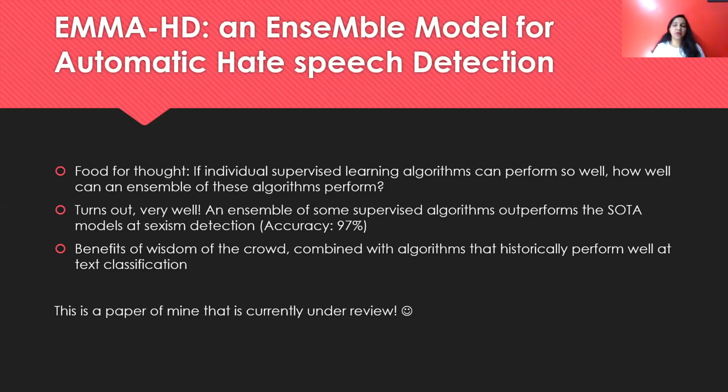So we achieved an accuracy of 97% on our hate speech detection data set. I think one of the reasons this works so well is that we were able to leverage the wisdom of the crowd principle behind ensemble learning, combined with algorithms that historically perform well at text classification, even though they use diverse algorithms in themselves.